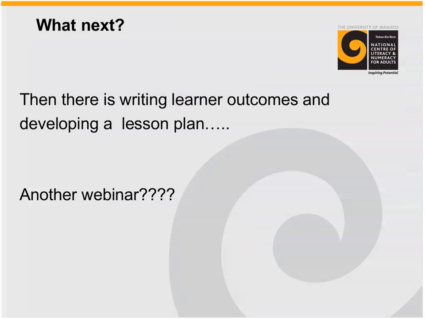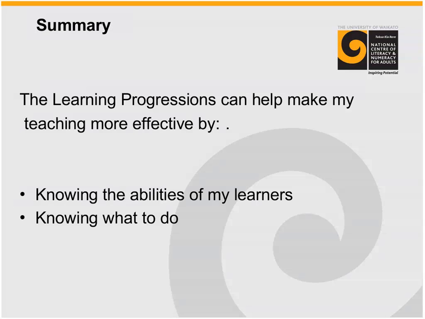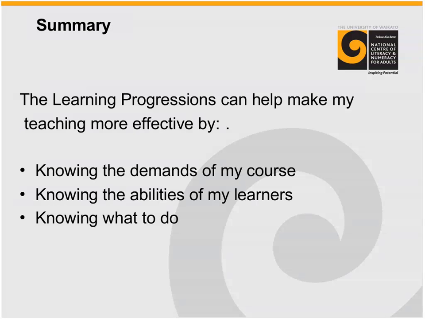So in summary, these learning progressions, using the framework, using the resource books, using the templates, and using assessments, and specifically the assessment tool, can help make my teaching more effective. And we go back to that triangle, which is knowing the demands of the course, knowing the abilities of my learners, and then knowing what to do.